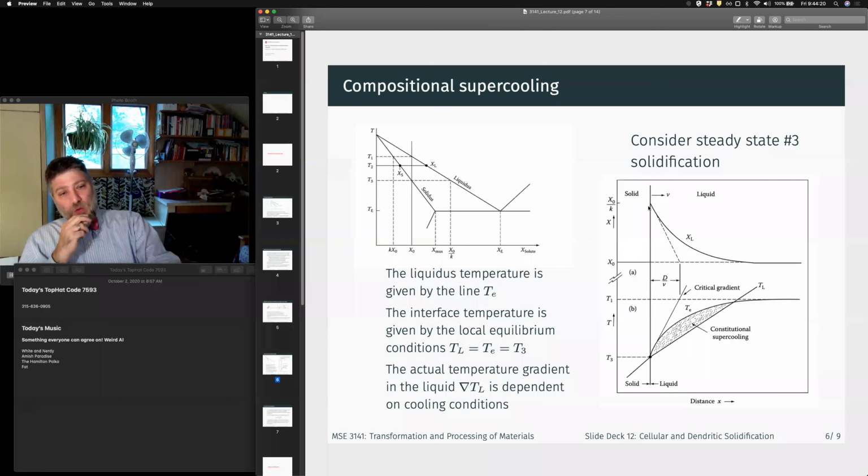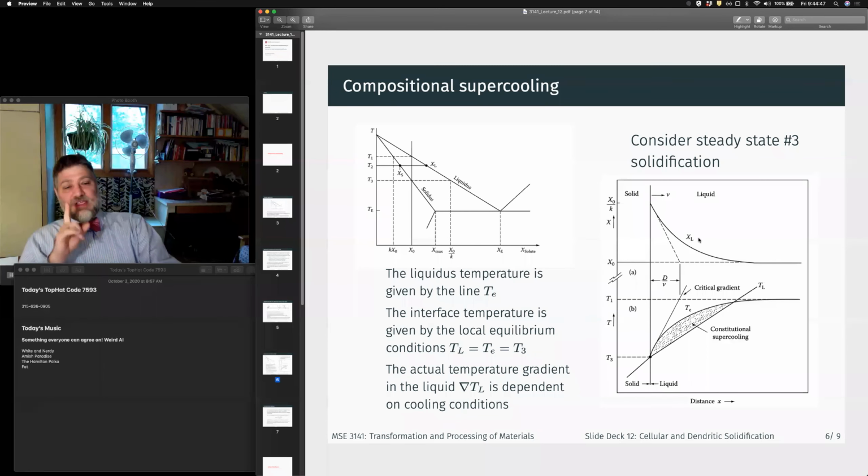What's important to realize here is that our concentration decreases as we go further out. So what is the equilibrium solidification temperature as we go out?